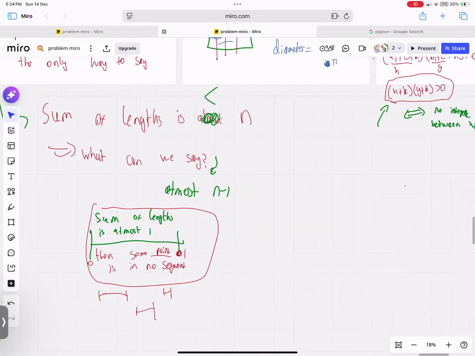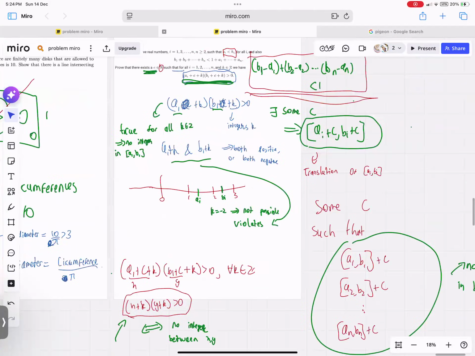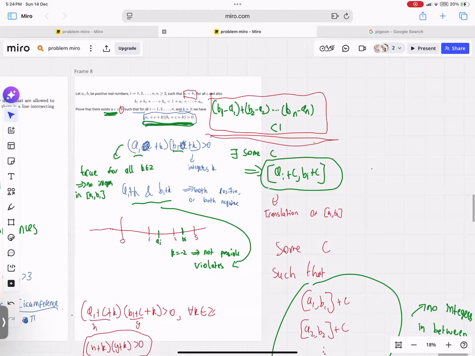The sum is less than 1, so there's some point in none of the intervals. Not one point in each of them. Yeah, my bad. As someone said in the chat also. So the sum of the lengths is at most 1. We have that value of c and then we can translate it.